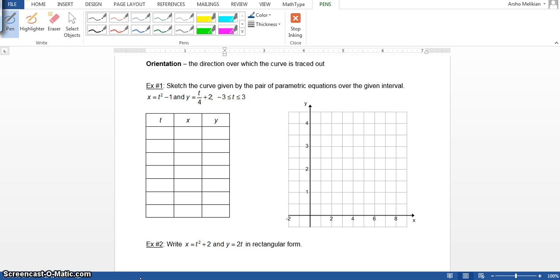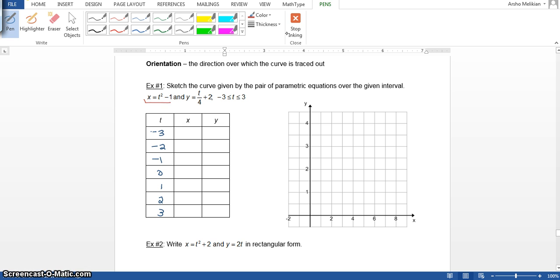Oh, that's fine. This is t. The x and y will be different. So this is -3, -2, -1, 0, 1, 2, 3. We're going to plug each of these values into our equation for x, then into our equation for y.